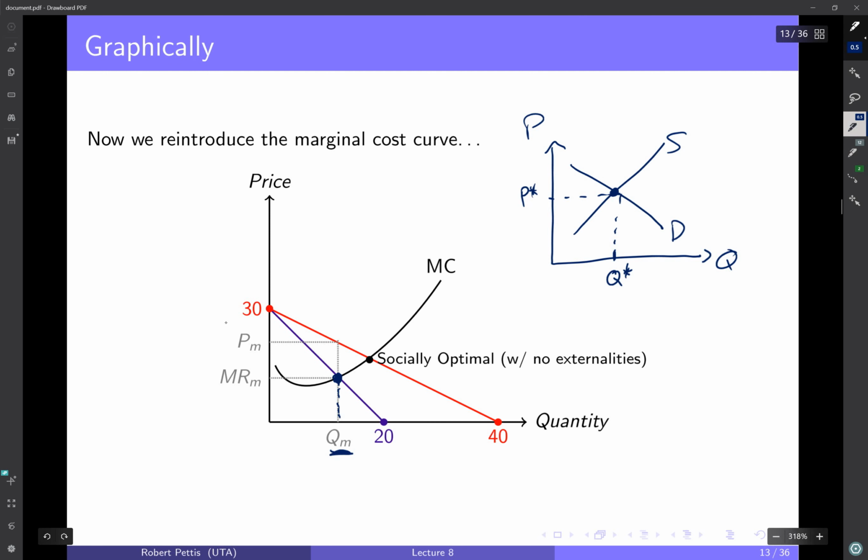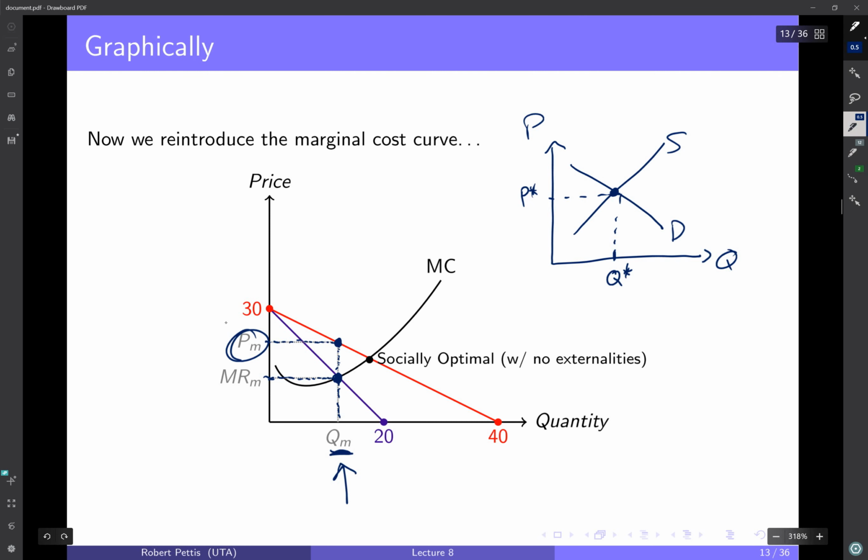But there's a second step here, because this price here, at marginal revenue, is not what people are willing to pay at that quantity. People are willing to pay up at the demand curve. This is how much people are willing to pay. So by making this market a little bit more scarce as far as the goods being produced, they're able to raise the price.